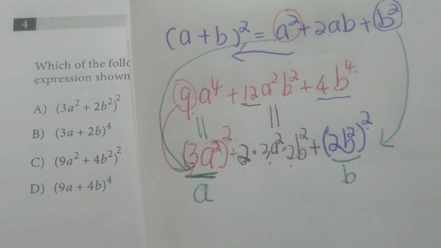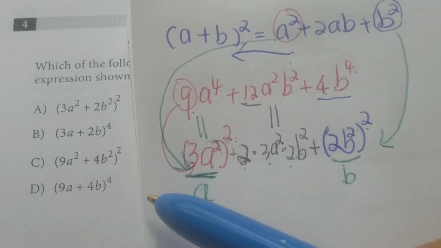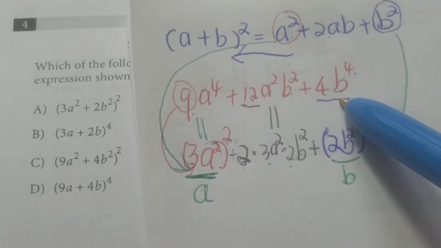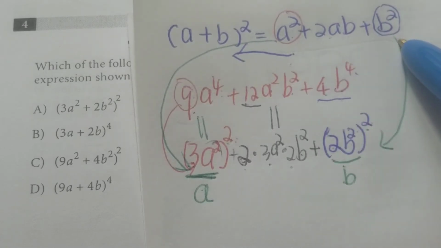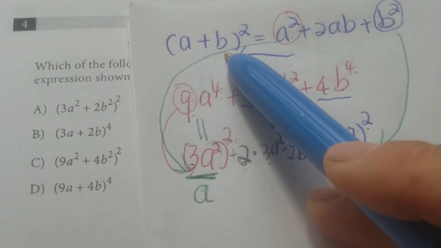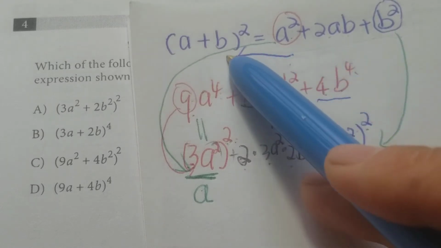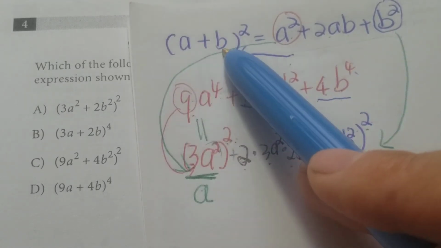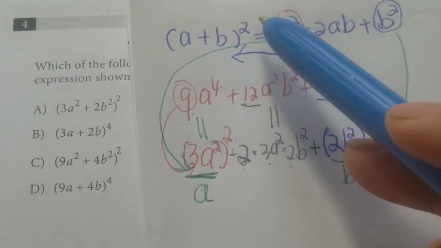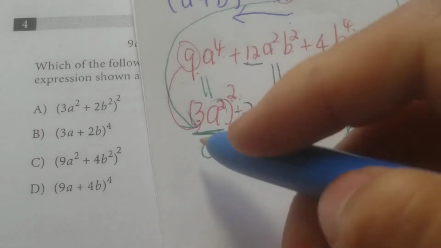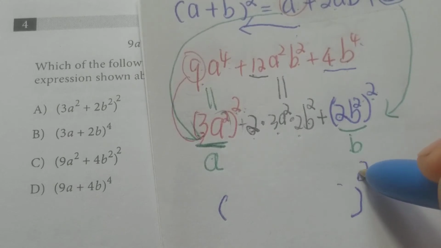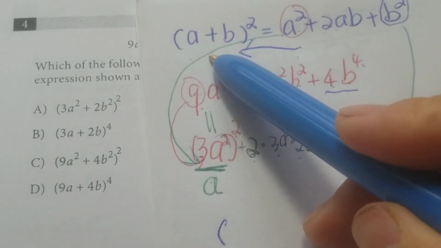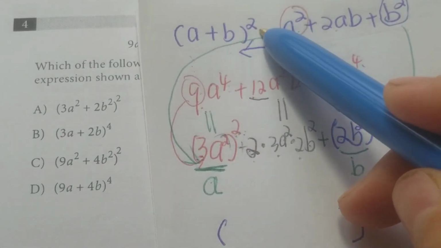Now let's rewrite my expression back to this form. I can rewrite it here because I'm going backward, putting it into the factorization form inside the parentheses. (a plus b) squared.